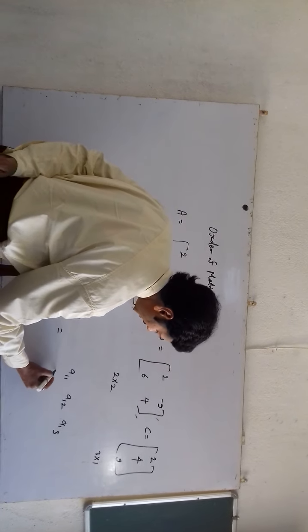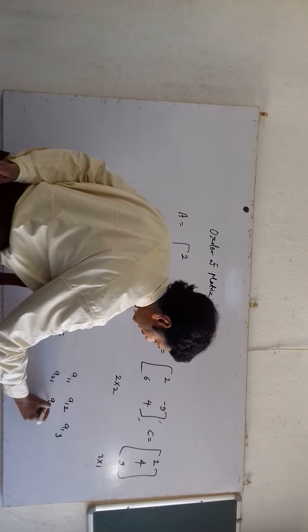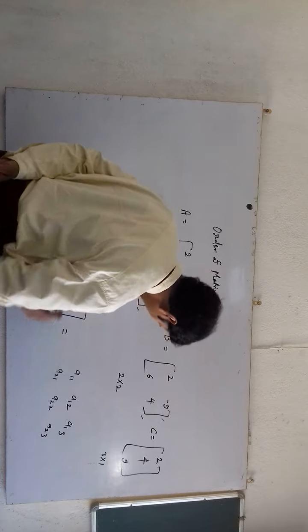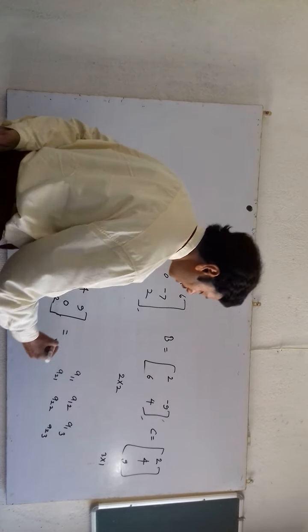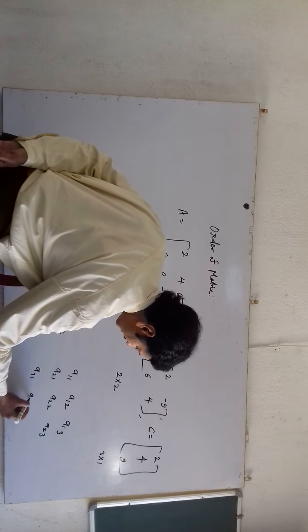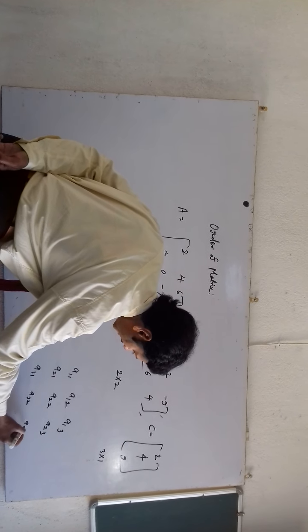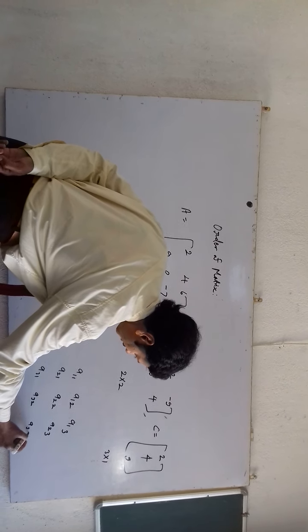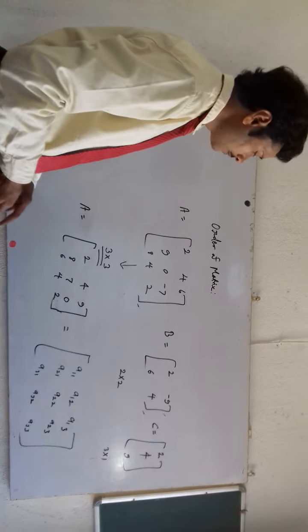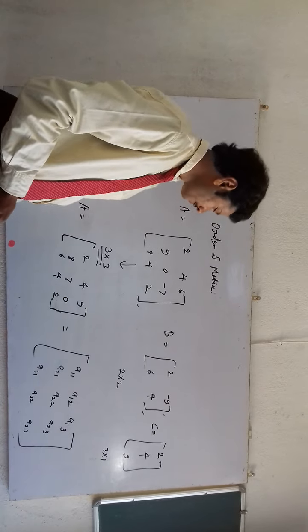Similarly, A21, A22, A23 represent the second row, and A31, A32, A33 represent the third row.